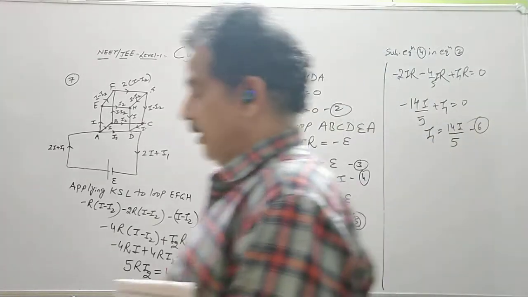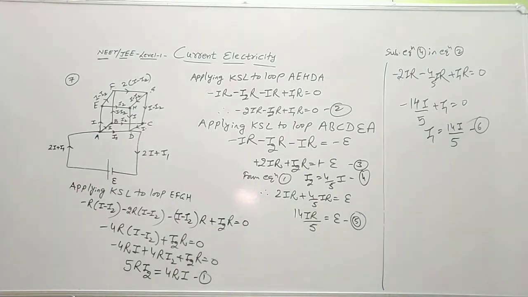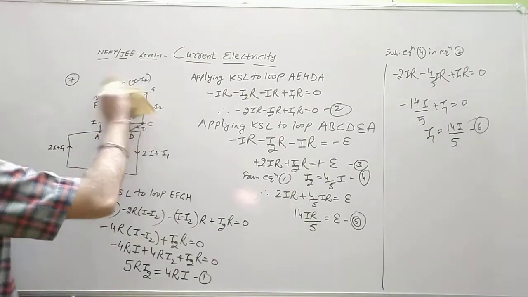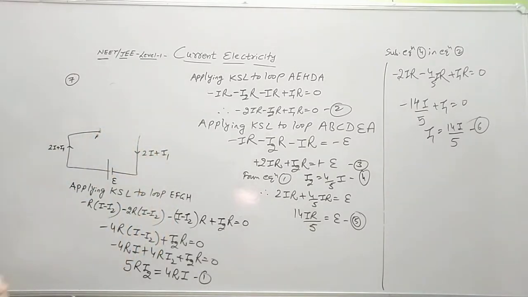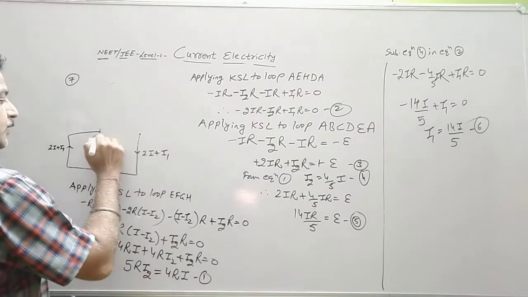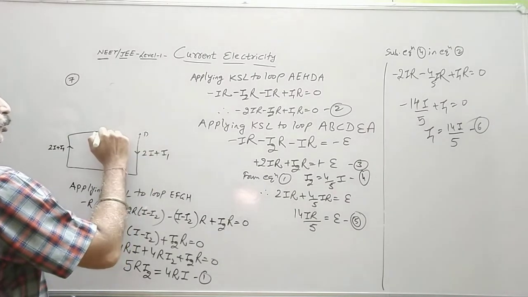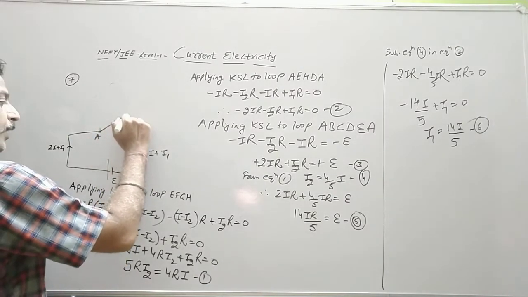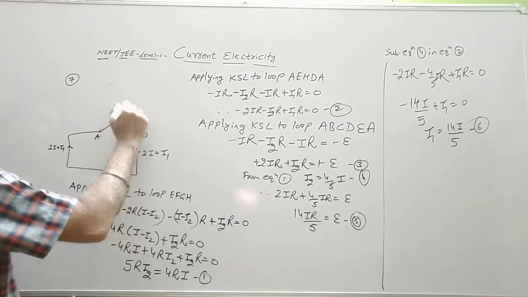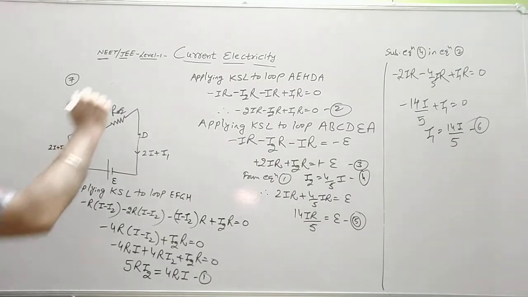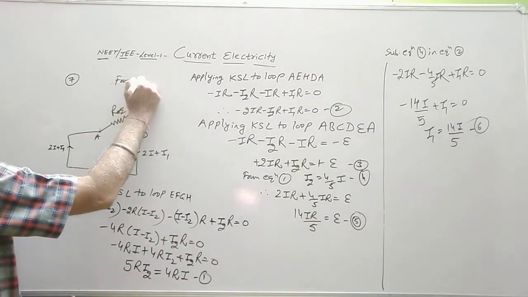Now we remove this skeleton of a cube and we replace it by an equivalent resistance. So let the equivalent resistance between these 2 points be R equivalent. So from the Ohm's law, now in the end we apply Ohm's law.